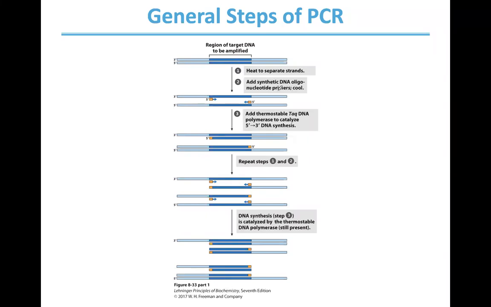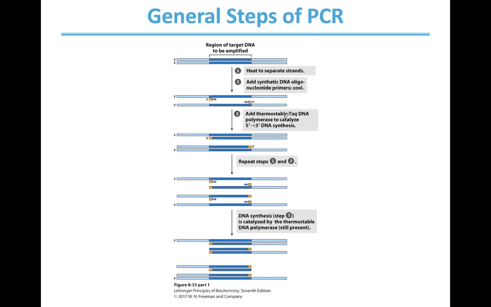The primers will not attach unless you cool it, and you will not cool it all the way to room temperature, but you will cool it to, let's say, 60 degrees. So for example, you will heat to separate the strands to 100 degrees, and then you will cool it down a little bit, let's say to 60 degrees. So the primers will anneal.